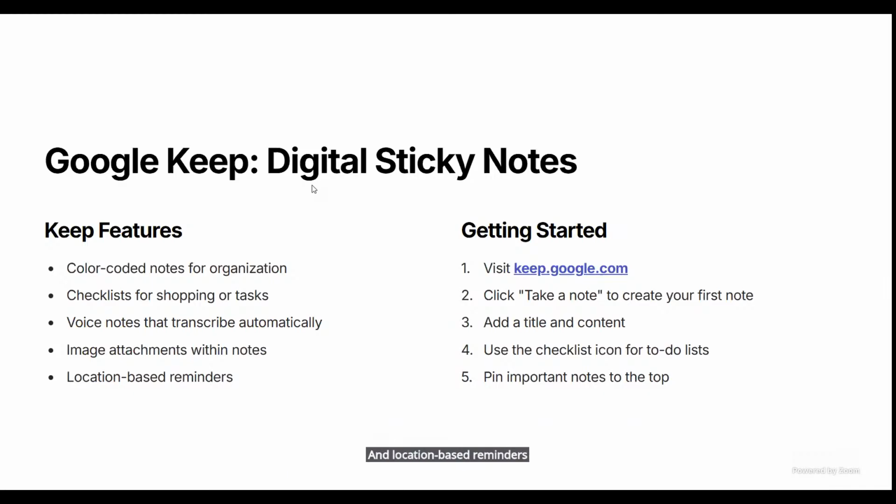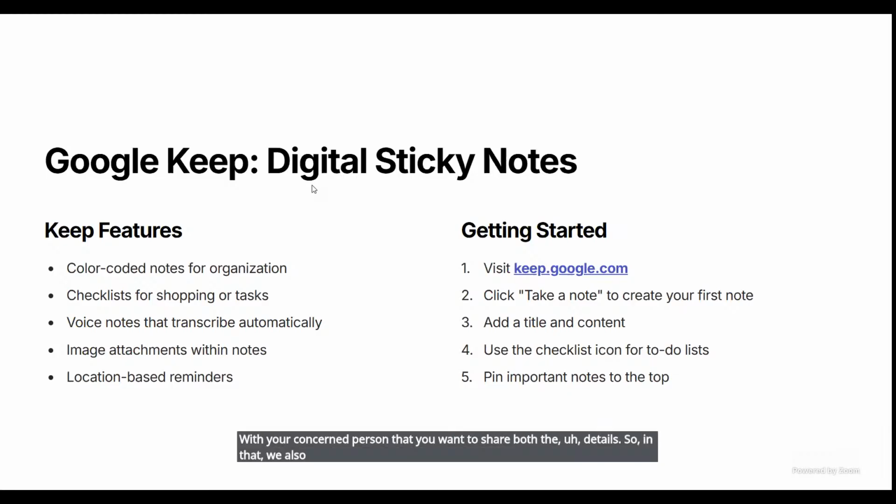You can also share your data directly with the concerned person that you want to share the details with. So in that we can get all this data in simple notes. So let me open the notes.